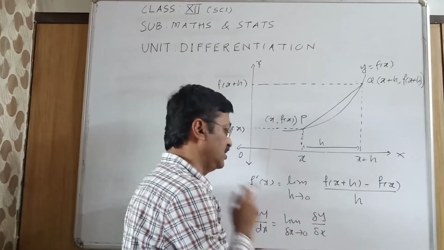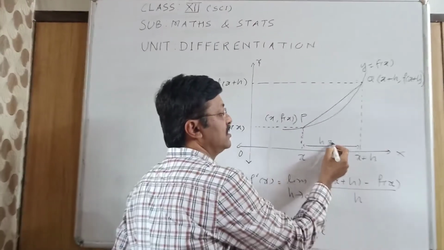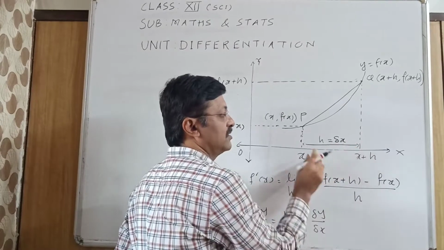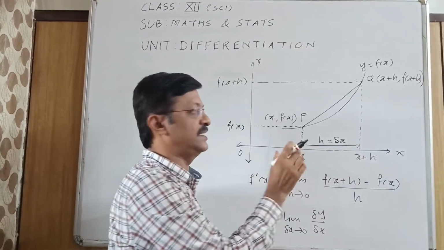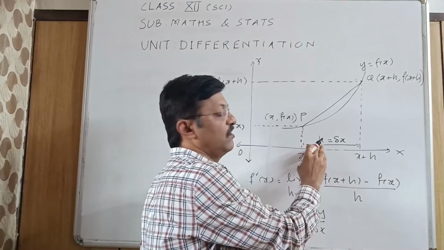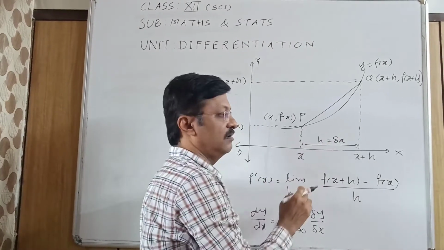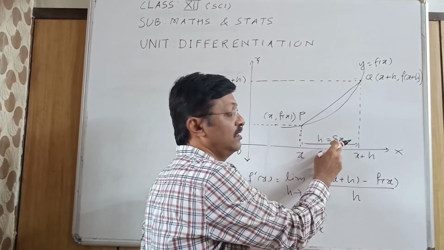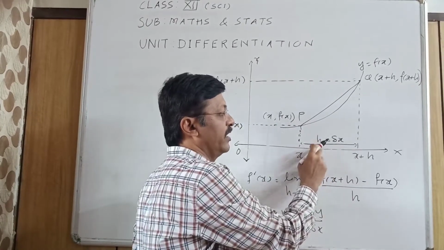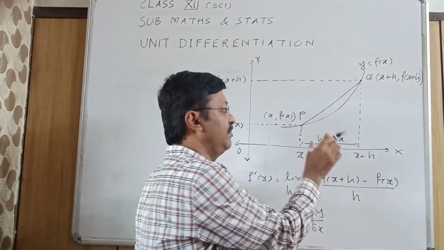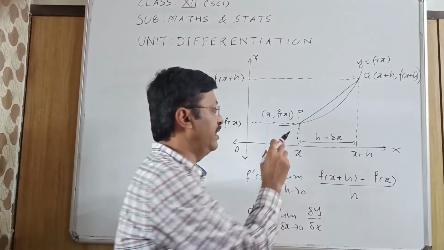Now how do you see this? Suppose this h is replaced by delta x, because h after all is a small change in x. So instead of h we shall use the notation delta x. Delta x or h both mean the same thing. They mean the small increment in x.